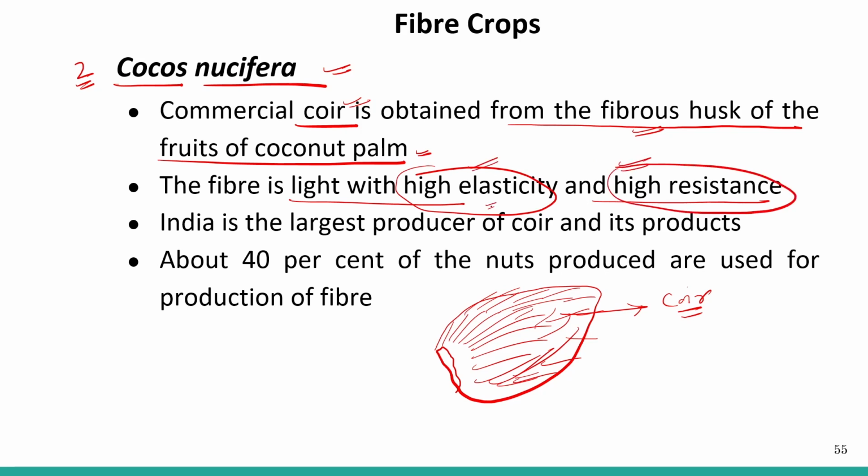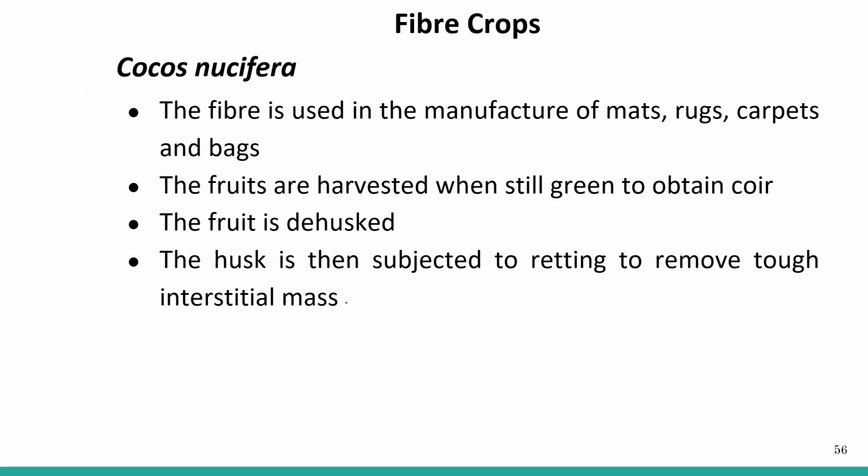India is the largest producer of coir and its products, and there are so many products that can be made from it. About 40% of the nuts produced are used for the production of fibers. The fibers are used in the manufacture of mats, rugs, carpets, and bags.